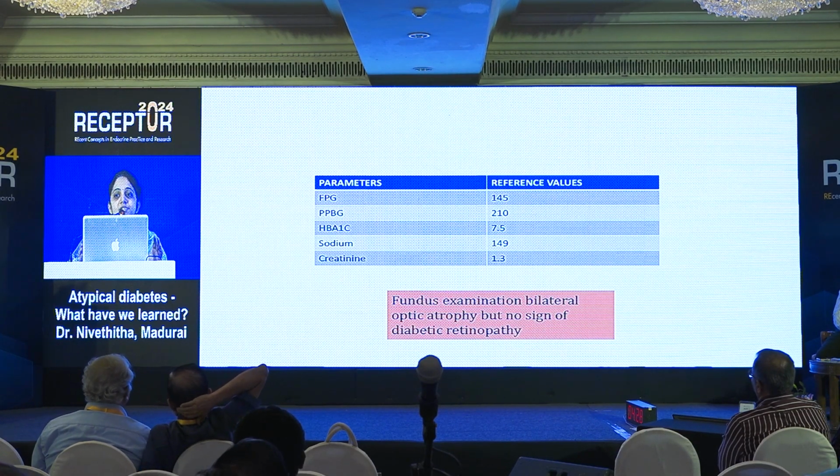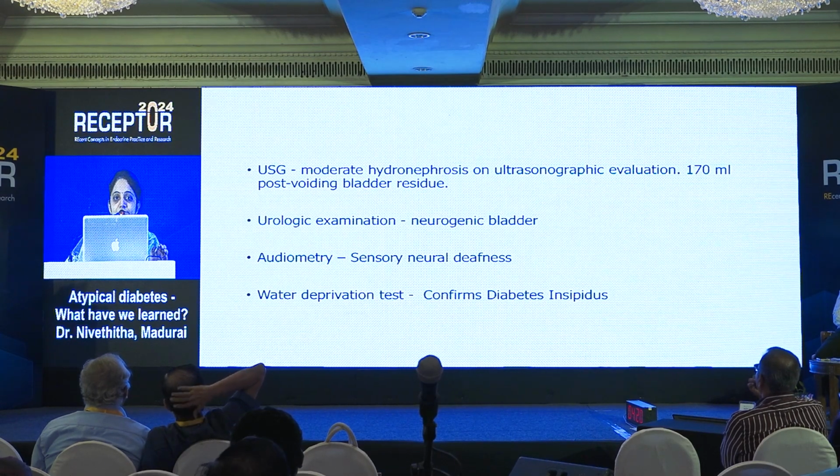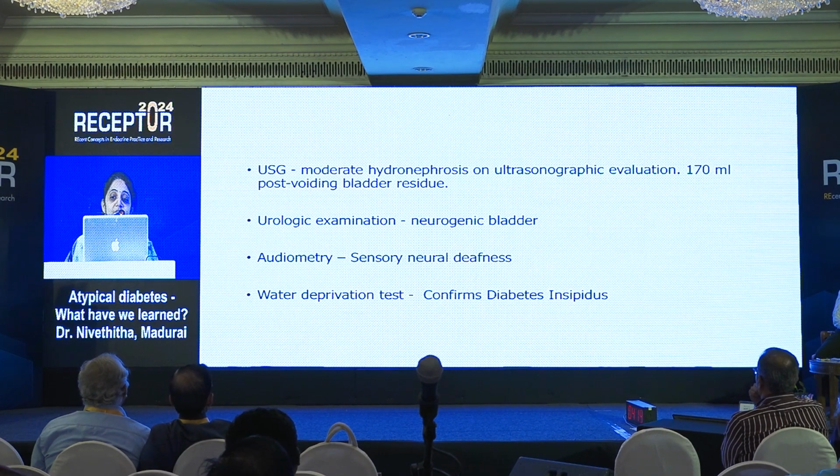So the importance of eye examination in a young diabetes patient: optic atrophy with diabetes, the first diagnosis which should come to our mind is Wolfram syndrome, which I'll be discussing. USG had moderate HUN and a severe post-void residual urine. On urological examination, he has neurogenic bladder and sensorineural deafness, and water deprivation test confirmed diabetes insipidus.